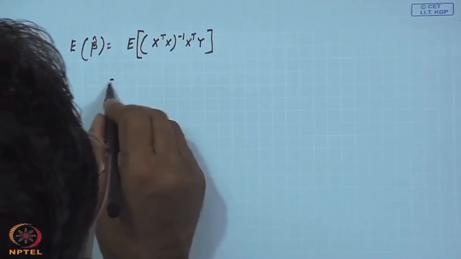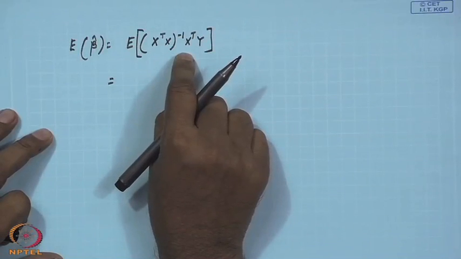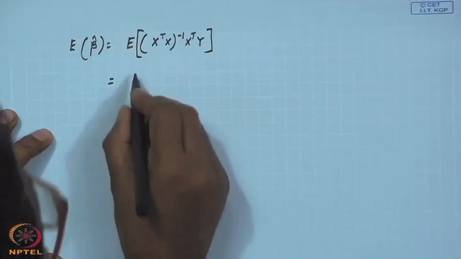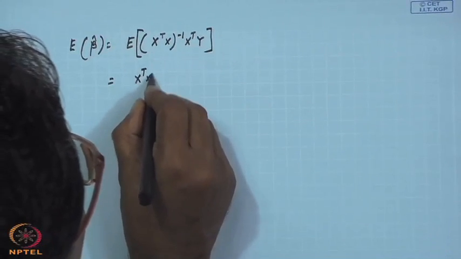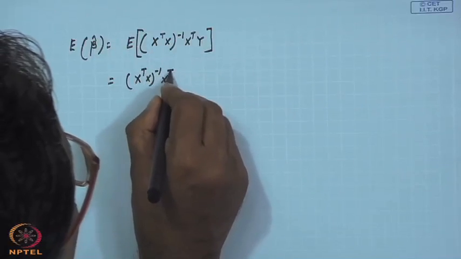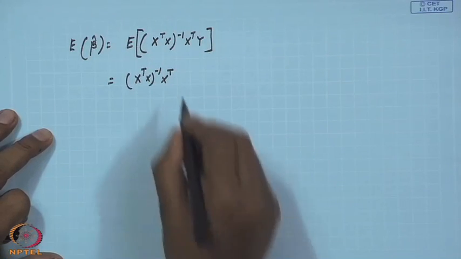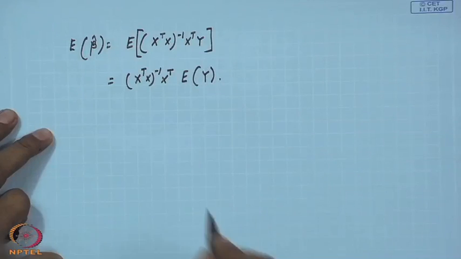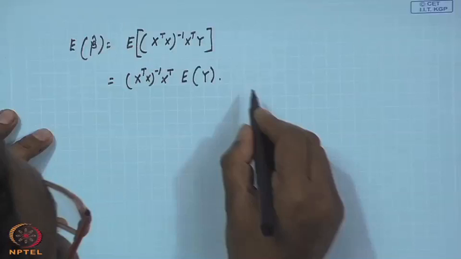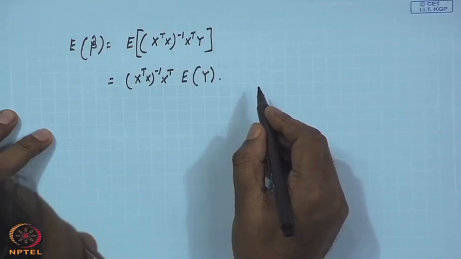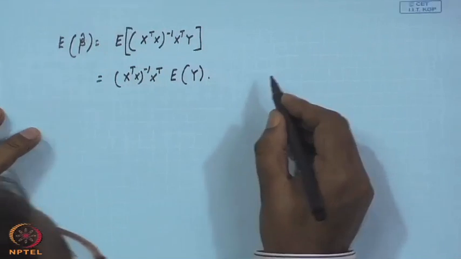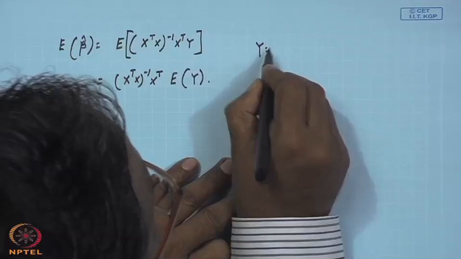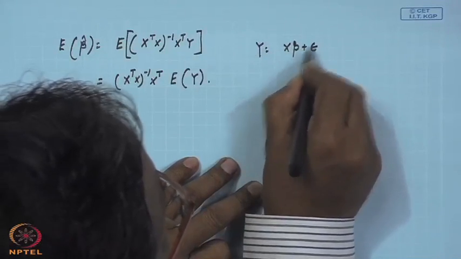So, X is fixed here. So, we can take X transpose X inverse X transpose out of the expectation, it will be expected value of Y. Now, all of you know what is the expected value of Y? Suppose Y is X beta plus epsilon.